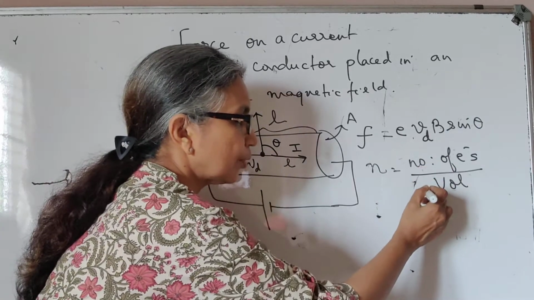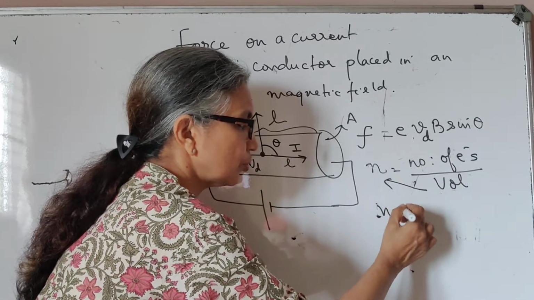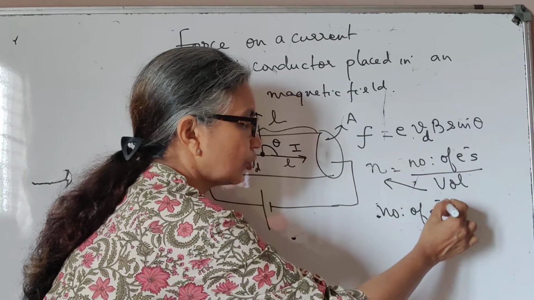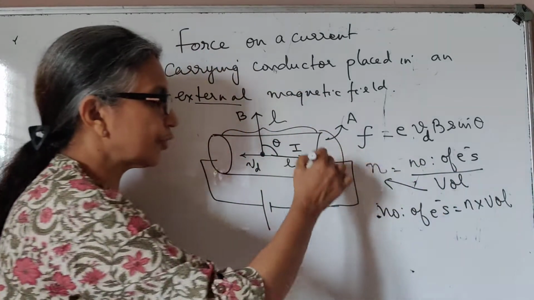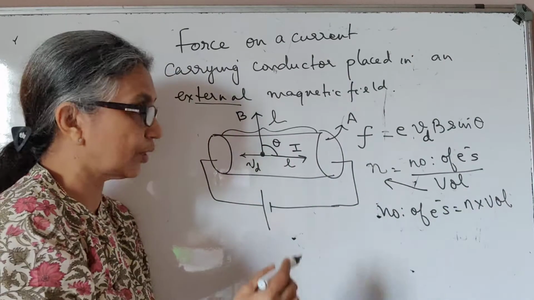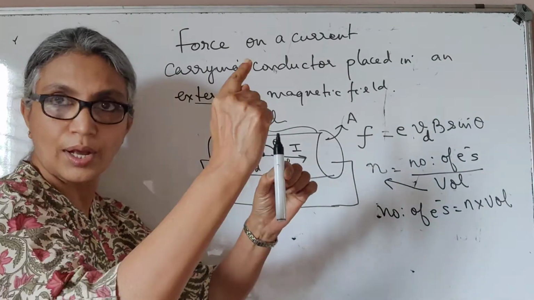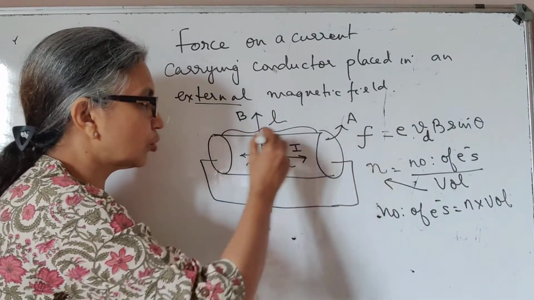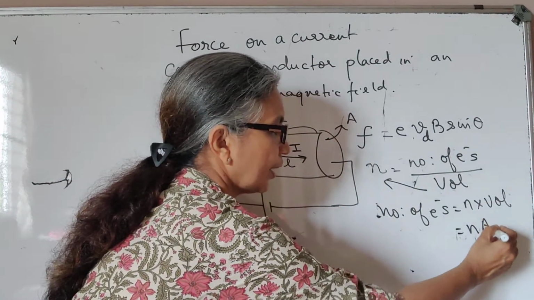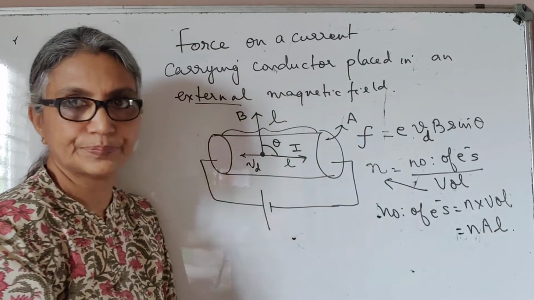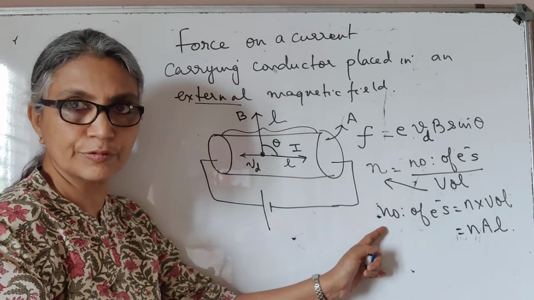So to find the number of electrons, we just need to do number of electrons equal to this n into volume. Volume of a cylindrical wire or conductor will be base area into height, which is A into the length L. So this will be n into A into L.